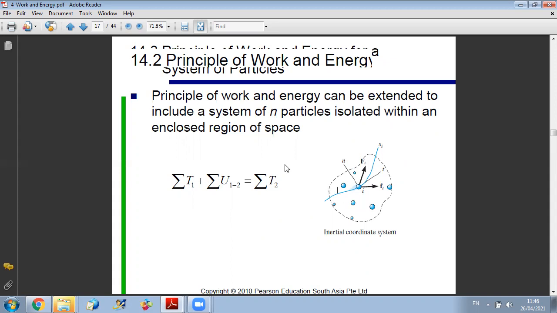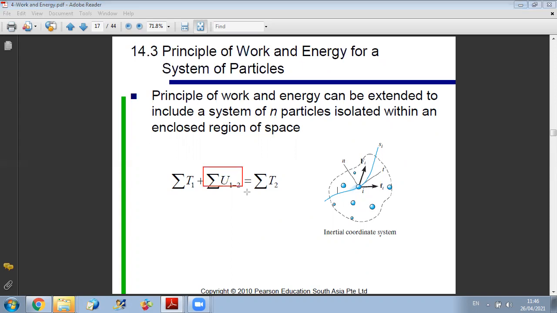The whole idea then will be to do the summation of kinetic energy for all particles at state 1, plus the summation of all external forces' work between 1 and 2, is equal to the summation of kinetic energies of all particles at state 2. We will see in general in which problems we need to take a system. Sometimes considering a system of particles will simplify the analysis. We will see how.